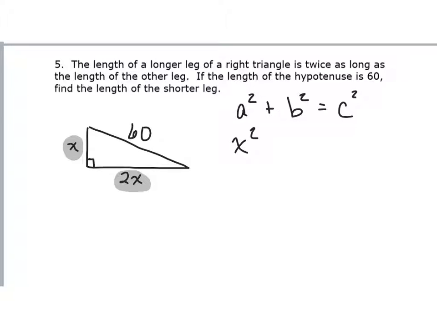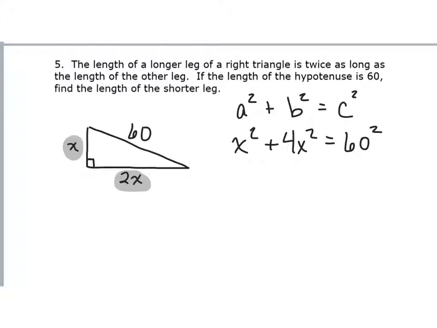Very good. This is where a lot of people tend to go wrong, because you're squaring the 2 also. A lot of people will just put 2x squared, but it's 2x times 2x, so we end up with 4x squared here. And that equals c squared, which is 60 squared.